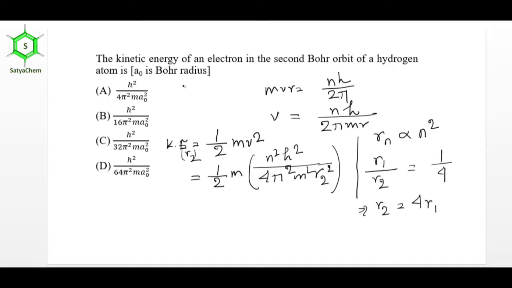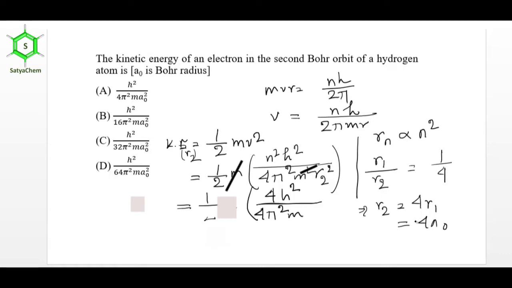According to the question R1 equal to a0, so R2 equal to 4 a0. So the kinetic energy becomes half m, n equal to 2 means 2 square, h square by 4 pi square m square, now R2 equal to 4a0, so 4a0 whole square.